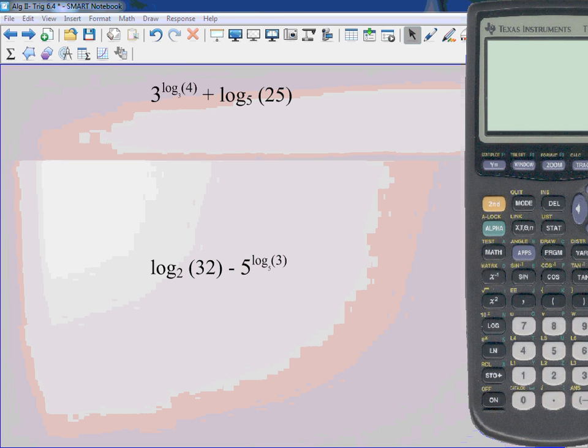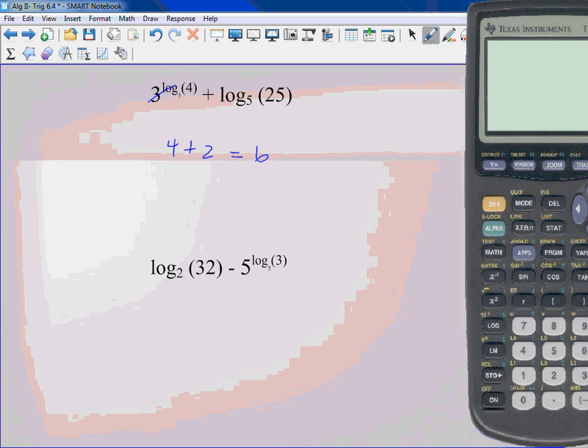For the first one, 3 to the log base 3 of 4. What happens here? The log base 3 and the 3 cancel out. I'm left with 4. What's log base 5 of 25? 2. Why is it 2? 5 squared is 25. 4 plus 2 is 6.